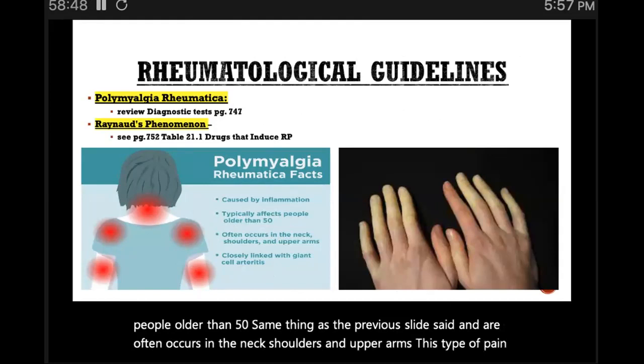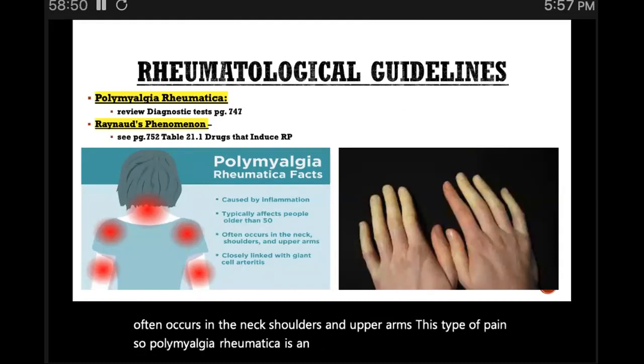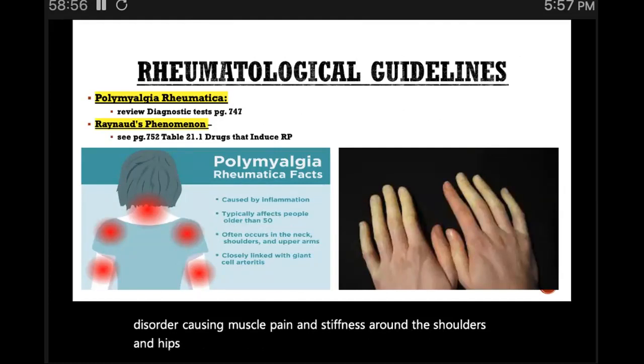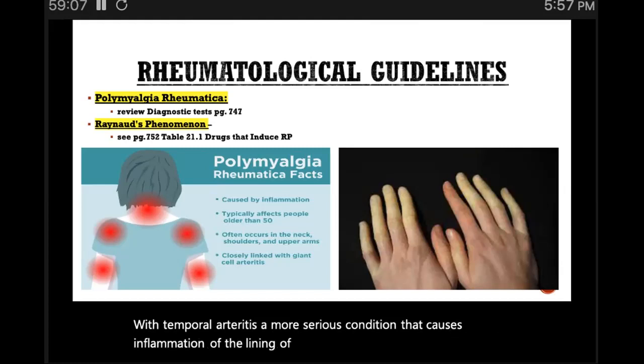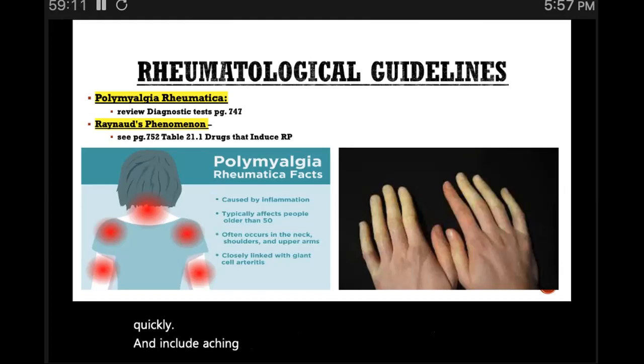So polymyalgia rheumatica is an inflammatory disorder causing muscle pain and stiffness around the shoulders and hips. Most people develop it after the age of 50. Sometimes this condition occurs with temporal arteritis, a more serious condition that causes inflammation of the lining of arteries. Symptoms usually develop quickly and include aching of the shoulders, neck, or hips.